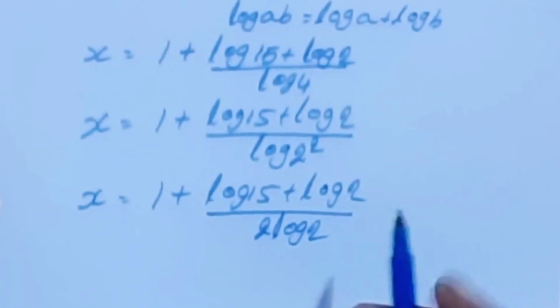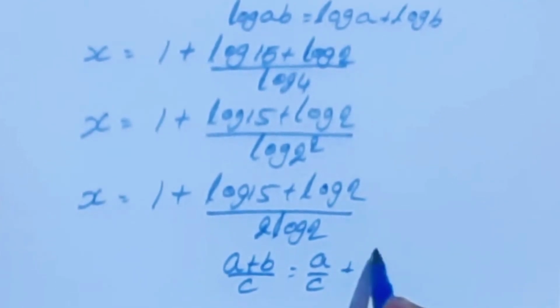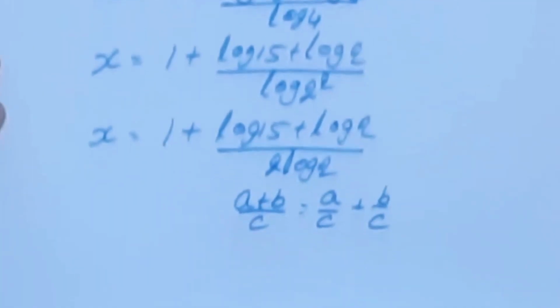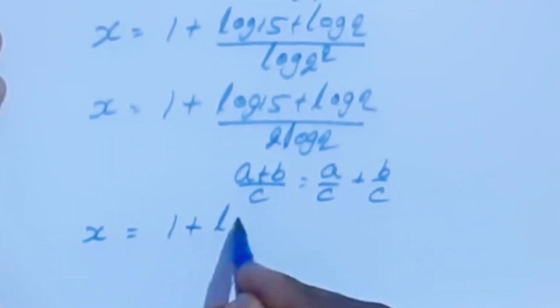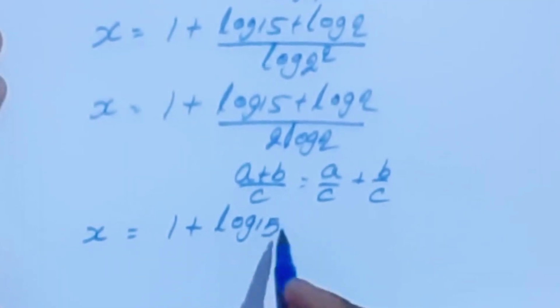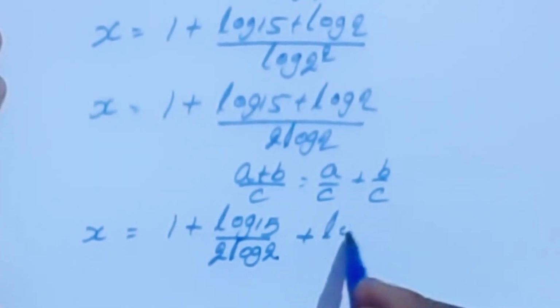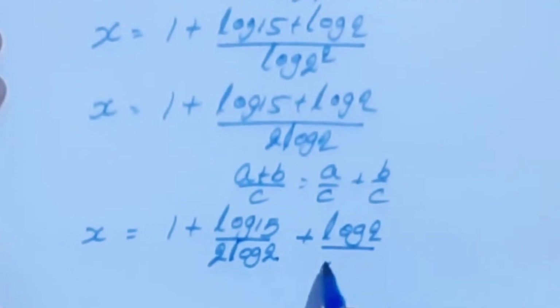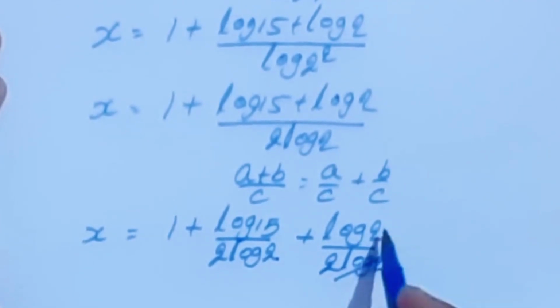Now this can be written as per this, a plus b by c equal to a by c plus b by c. This we are going to apply here. x equal to 1 plus log 15 by 2 log 2 plus log 2 by 2 log 2. Now this log 2 cancel each other.